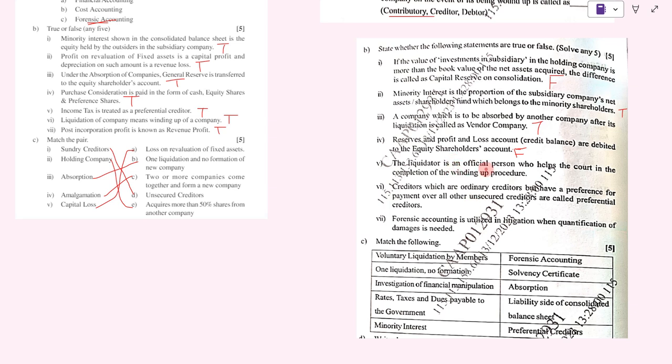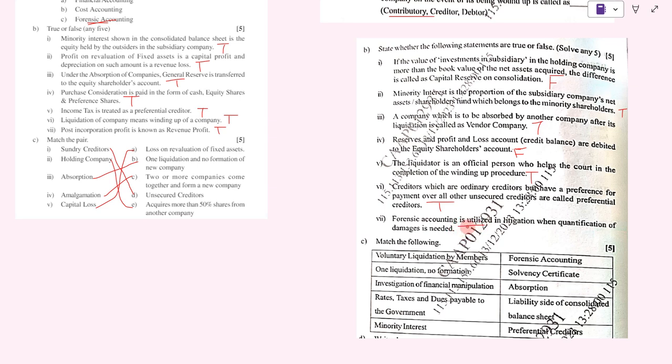The liquidator is an official person who helps the court in the completion of winding up procedure. True. Creditors which are ordinary creditors but have a preference for payment over all other unsecured creditors are called preferential creditors. True. Forensic accounting is utilized in litigation when quantification of damage is needed.